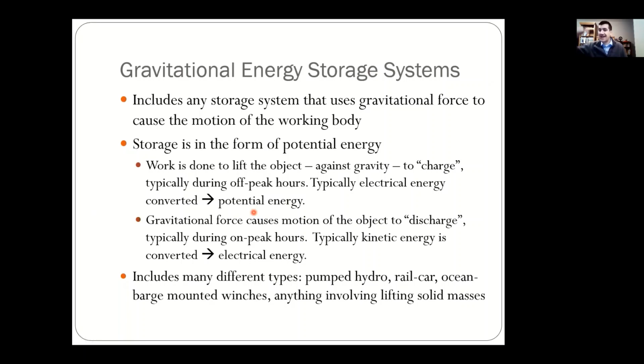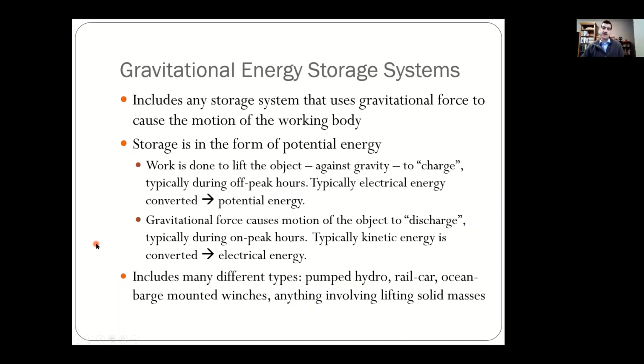Mechanical means it's at a height. I don't mean to confuse things, but chemical energy is in a way also a form of potential energy. It has potential for those chemicals to interact and release electricity also. But let's steer clear of that. We're just saying that we're converting electrical energy into stored mechanical potential energy by increasing its height.